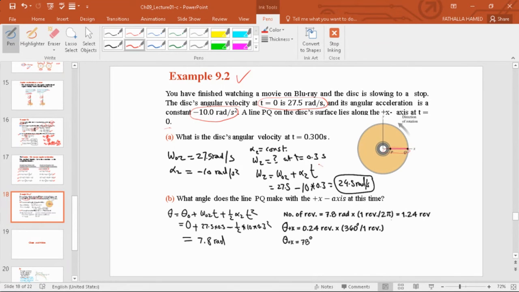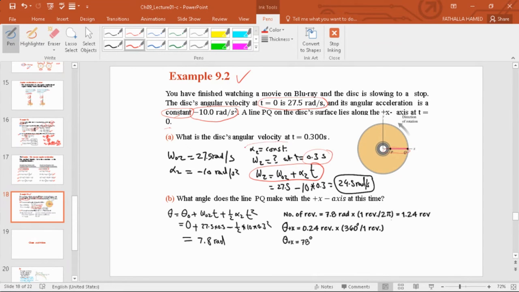Well, you're going to use this equation here, because they tell you it's constant acceleration. That's why they say constant here. So omega z is equal to omega z0 plus alpha z t. Your t is 0.3. Your omega z is what you want to find.